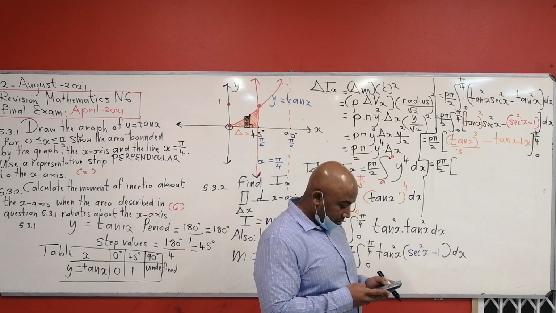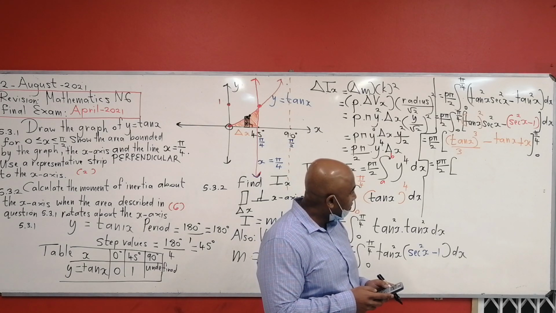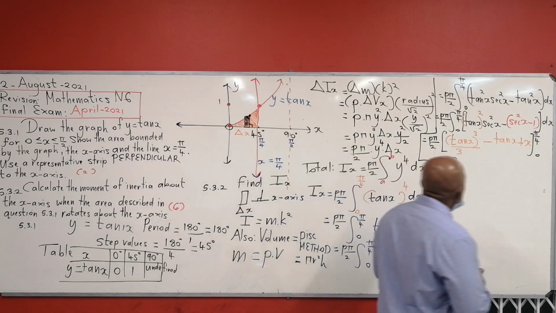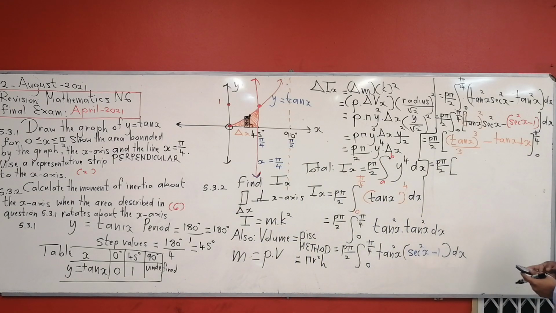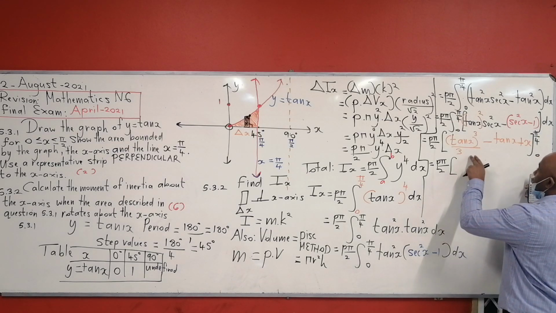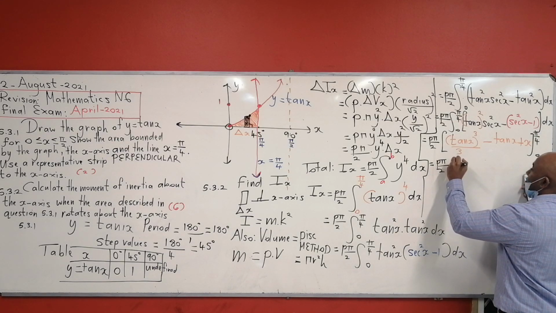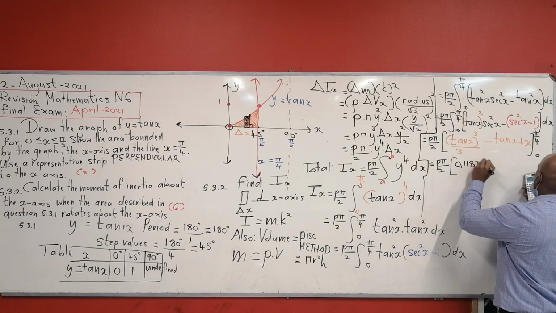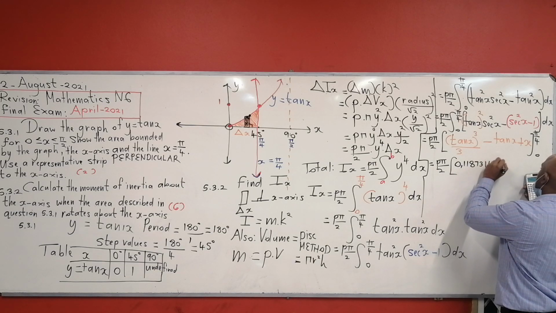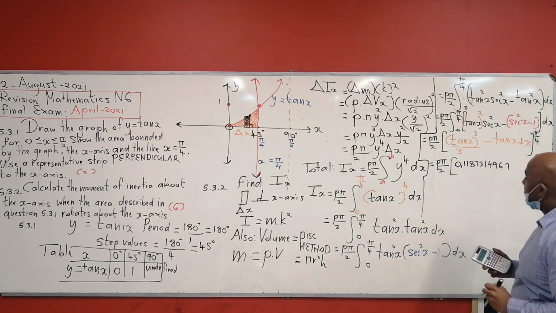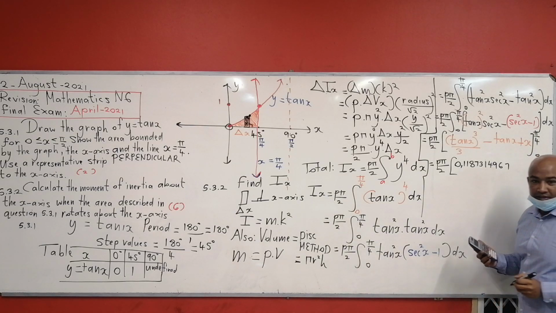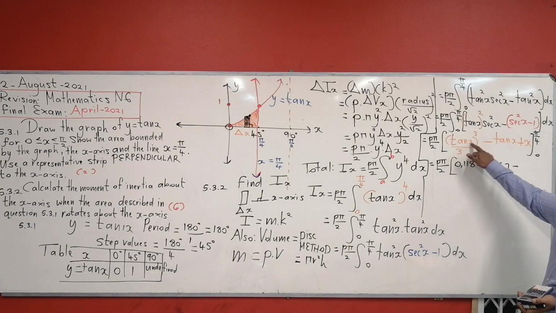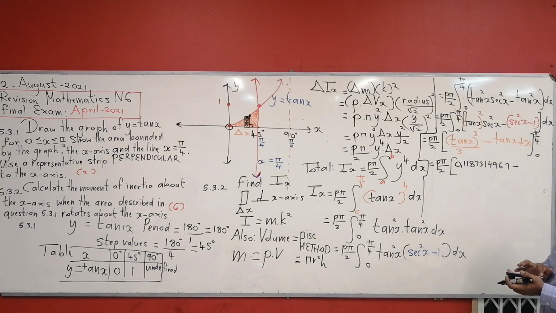So I'm substituting pi over 4. Okay, so let's see what we get. When I substitute my pi over 4, I'm getting 0.1187314967. You got that? Minus, well, if you substitute 0, you can see tan of 0 is 0, that's a 0, that's a 0. It's all just 0.